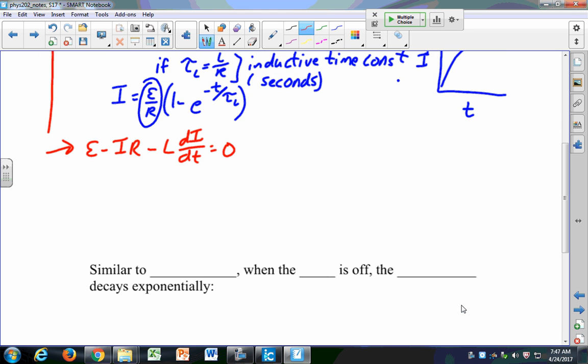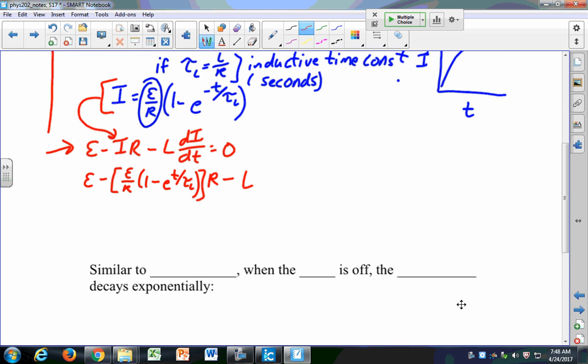So I have E minus I times R. Well, I is going to be E over R times 1 minus e to the minus t over tau L. So that is I. All I've done is plug this in there, times R, minus L times di/dt.